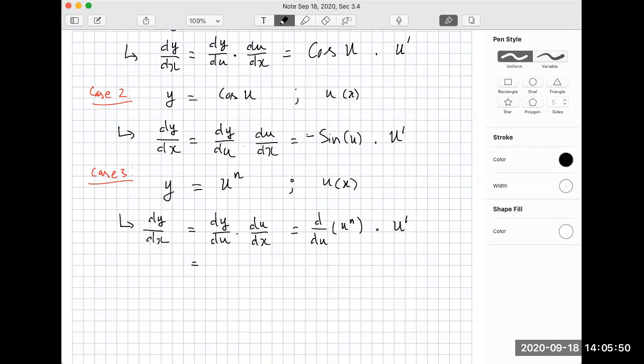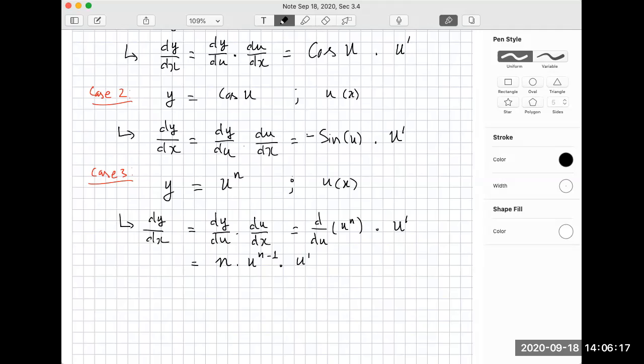Okay, so d over du of u to the n, so u is a variable, from power rule tells us that the derivative of this polynomial gives us the number n here, u to the n minus 1 times u prime here. So this is another case, right?